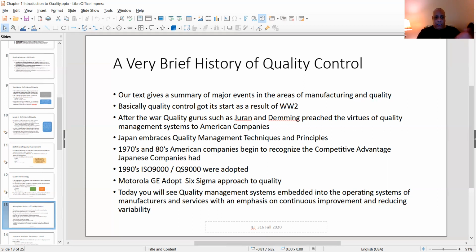This is where, in the 90s, ISO 9000 and QS 9000 were adopted. Motorola and GE adopted the Six Sigma approach to quality. So today we see quality management systems embedded into the operations of manufacturers and services with an emphasis on continuous improvement and reducing variability.